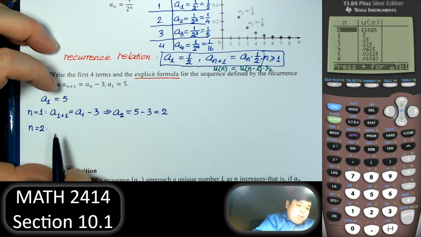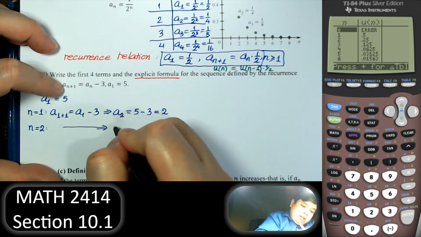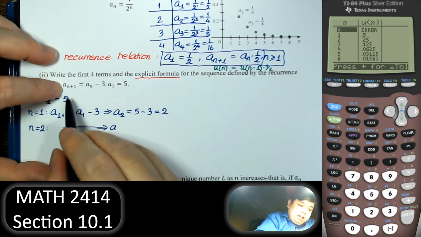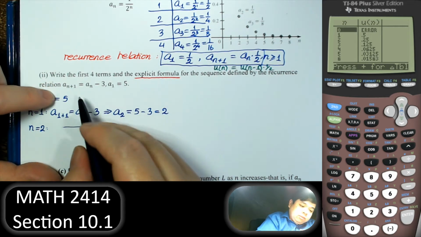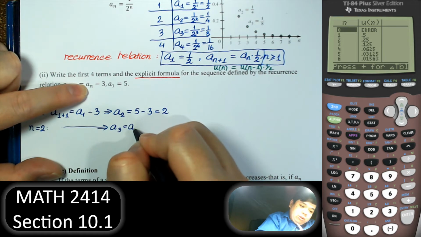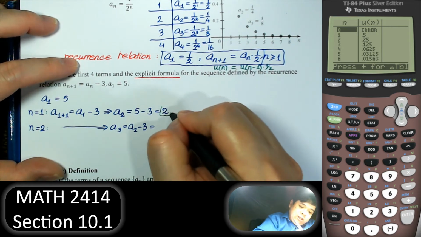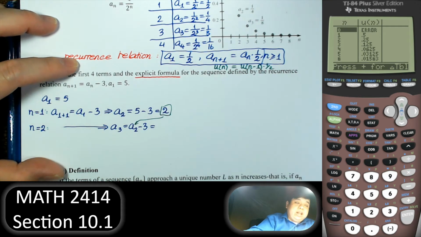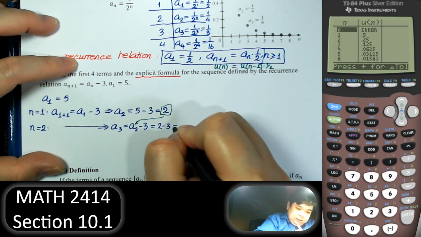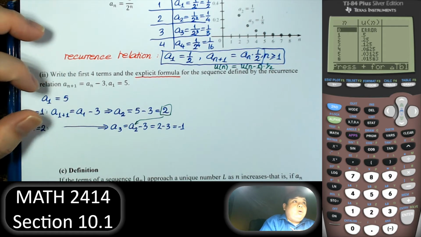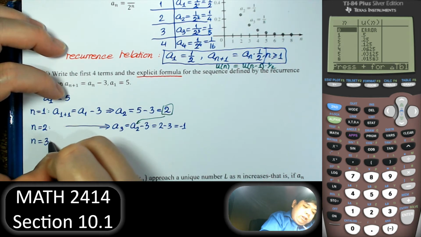We're going to put 2 in for n, so that gives us 2 plus 1 is 3, and 2 here, so it will be a3 equals a2 minus 3, and we'll put a2 in there. It's -1. And then n equal to 3.